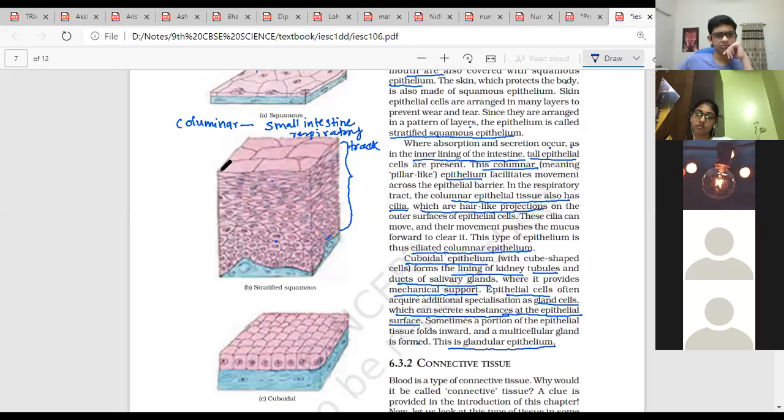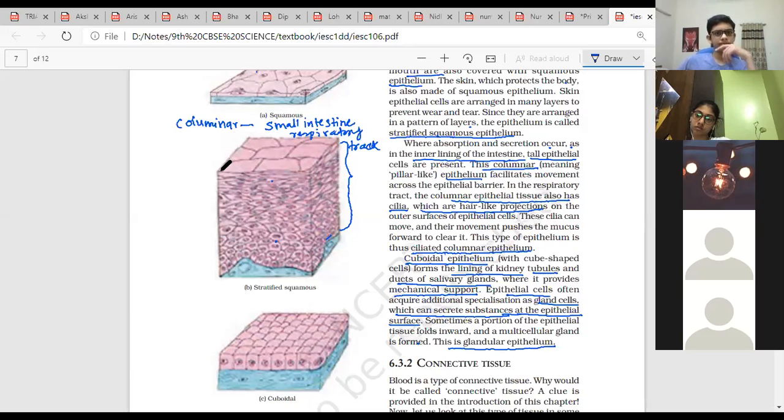They give different strength to those tissues. Yellow fiber provides more elasticity, white fibers provide more strength. Depending on the amount of fiber, the strength and elasticity are present in those connective tissues.